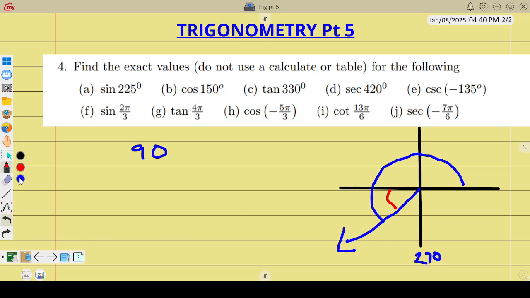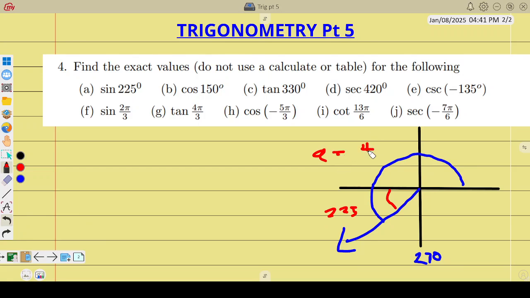We'll have to calculate it. Since this is 225, we say 225 minus 180, which gives the value at that point. So what do you get when you say 225 minus 180?